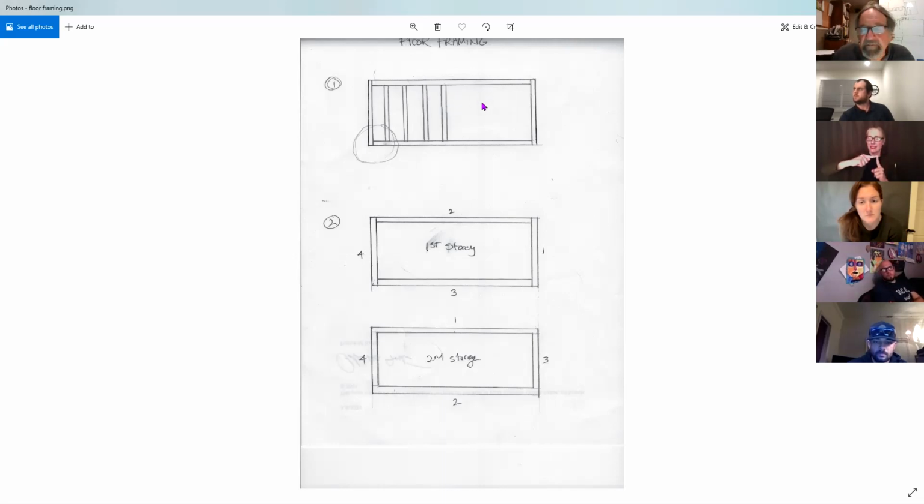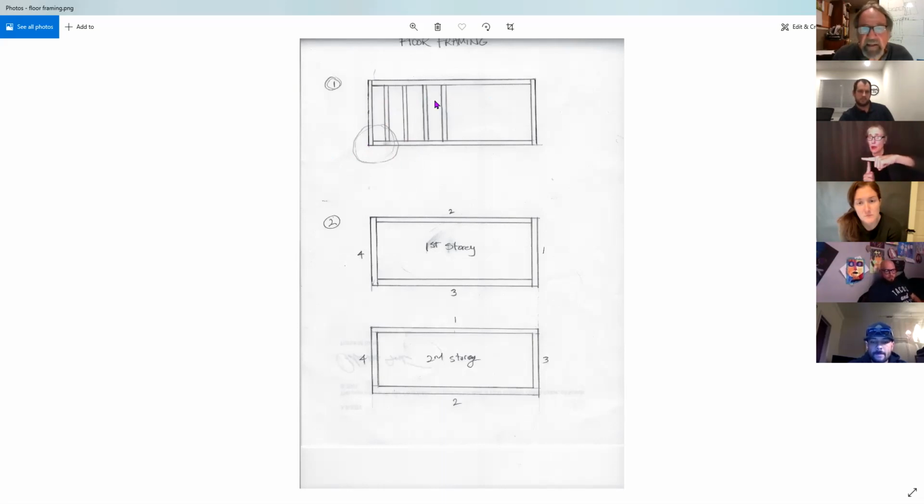So, different people have different ways of framing floors. But this is one idea to think about, having that outside one longer than these, so you can nail it this way. And so when the pressure comes to pull these apart at the ends, they won't give. Does everybody kind of see that?